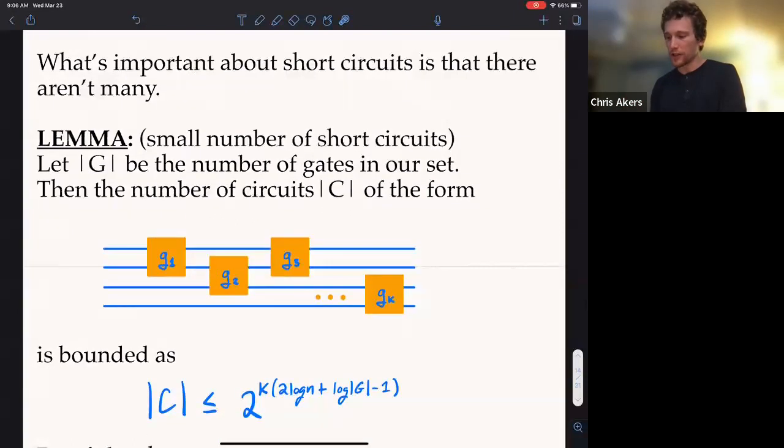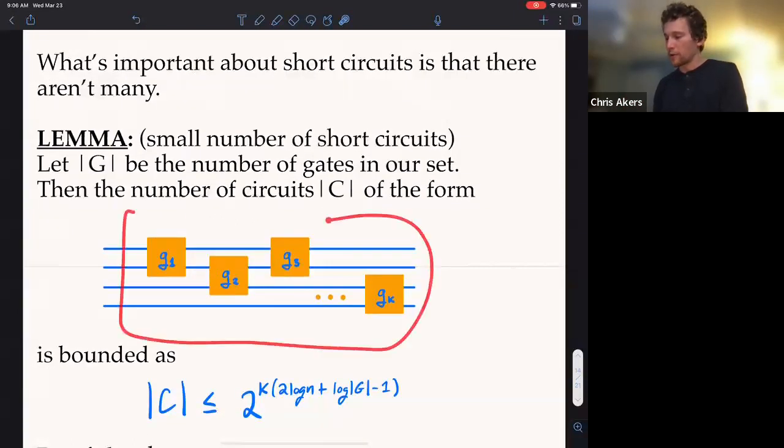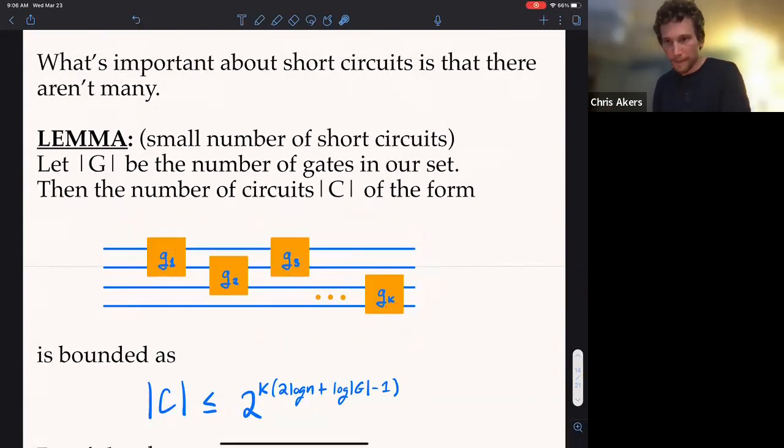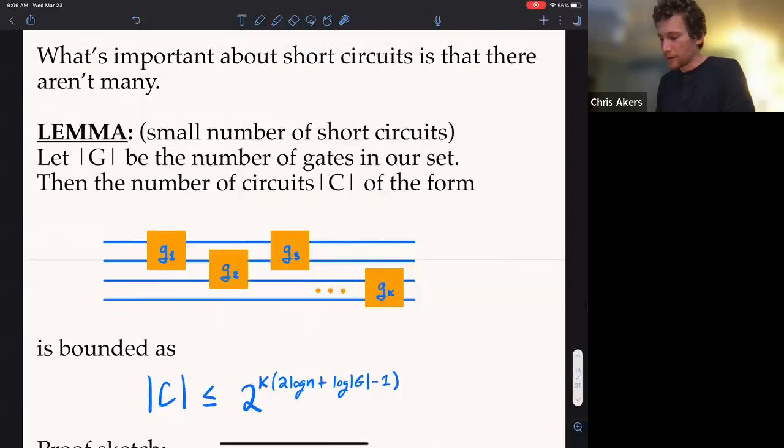By number of circuits of this form, I mean the number of circuits that involve at most K gates. That number has an upper bound that looks like this. What's important about this upper bound is that it's exponential in K. There are some other things here that appear in the exponent, but they all have logs in front of them, so they're less important. What's important is that it's exponential in K, the number of gates.